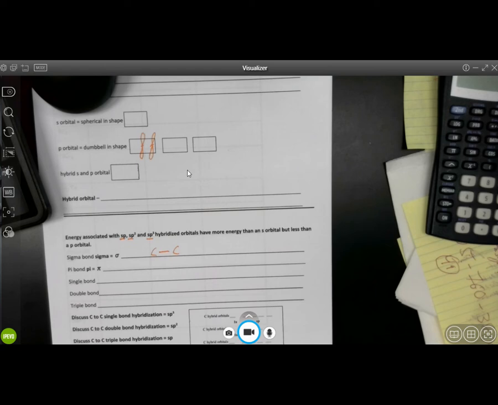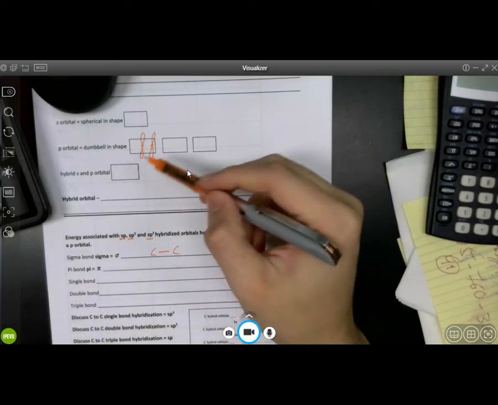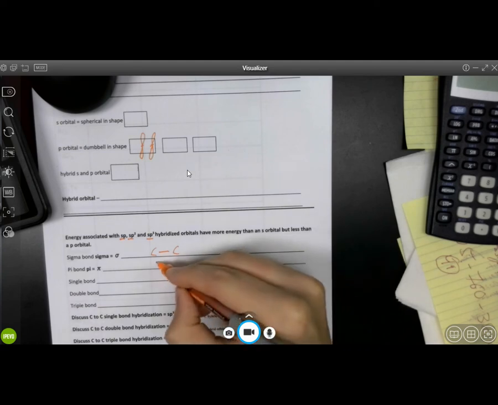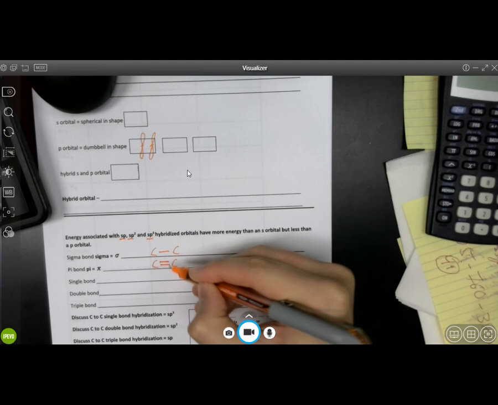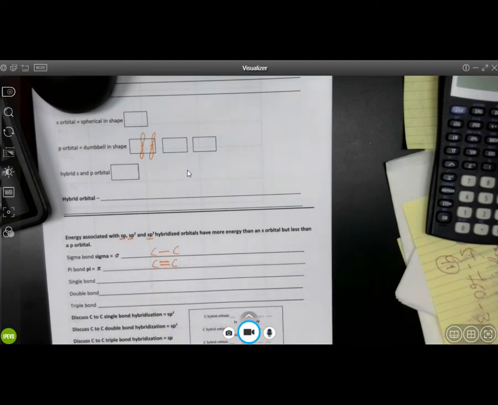A pi bond, they are the additional bonds that might form between carbon atoms. They are the bonds that occur between 2 p orbitals. So if I have a carbon double bond, the first bond would be a sigma bond. The second bond would be a pi bond.